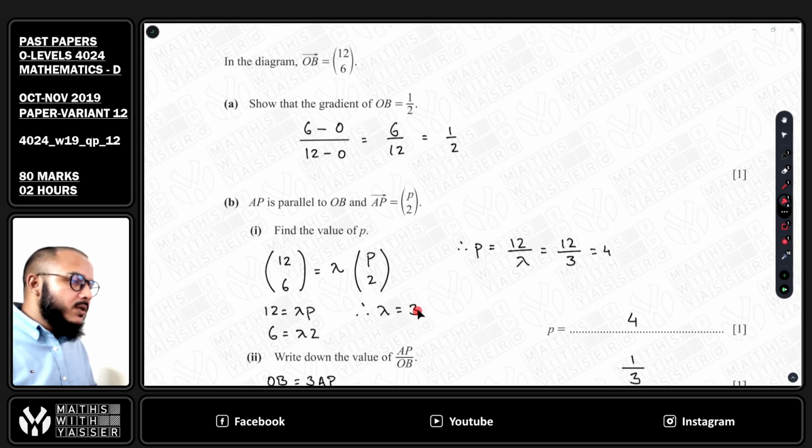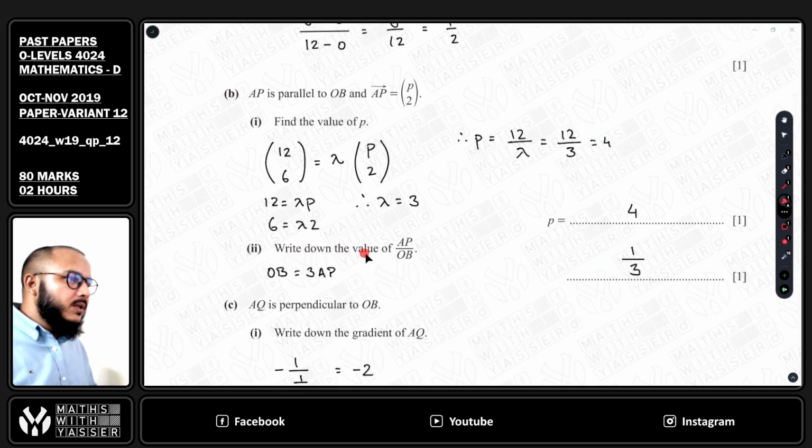Since I have found the value which connects them, I can now substitute this value of 3 into the value over here. So that will make 3p equals 12. Therefore, p should be 12 over lambda, which is 12 over 3. That will give me the value for p, which is 4.